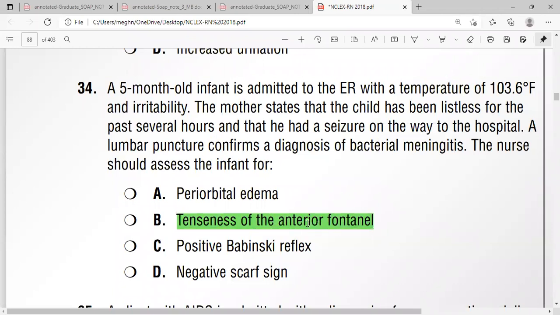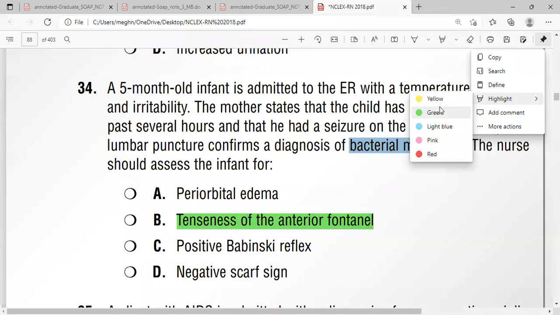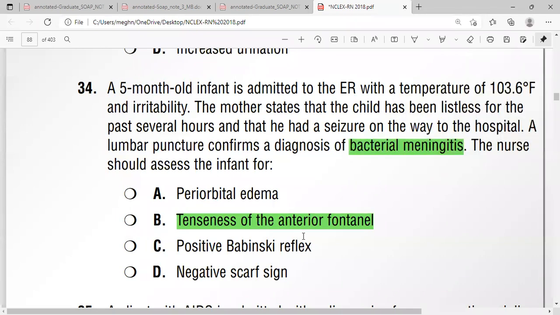So why is number B correct? Because tenseness of the anterior fontanel indicates increased intracranial pressure. The patient has bacterial meningitis and intracranial pressure is supposed to increase, so the anterior fontanel will be tense.